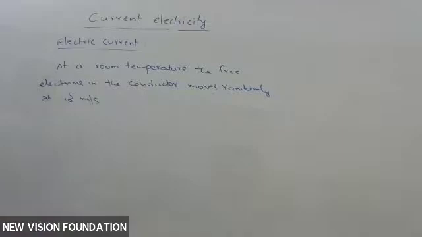So free electrons in a conductor, that is nothing but a metal, move randomly at 10⁵ meters per second at room temperature.